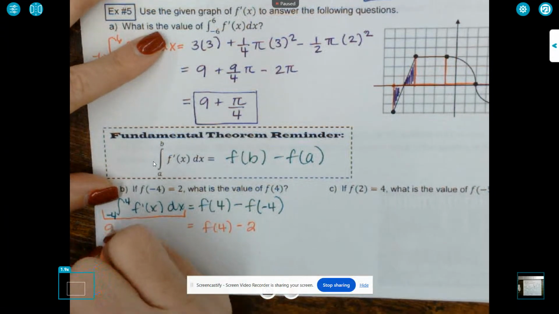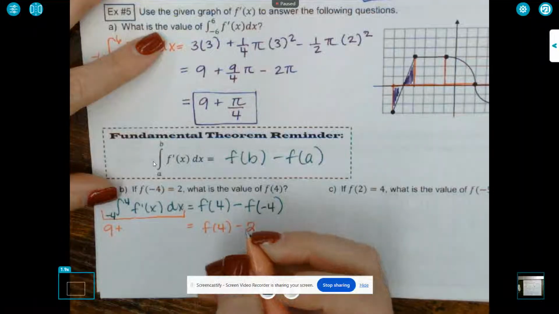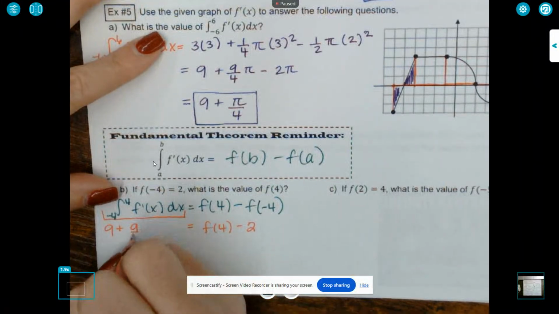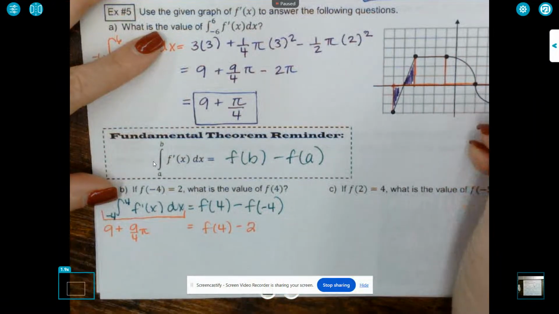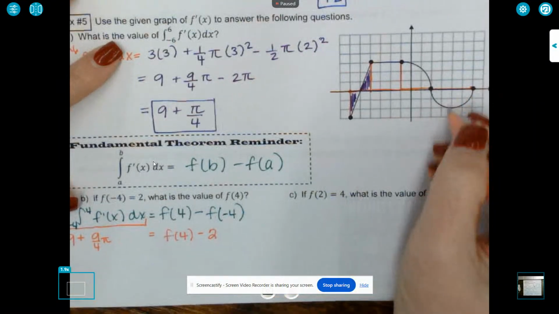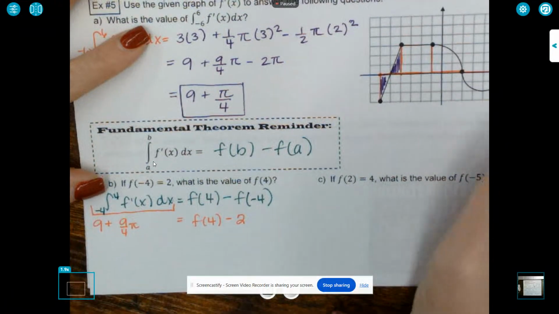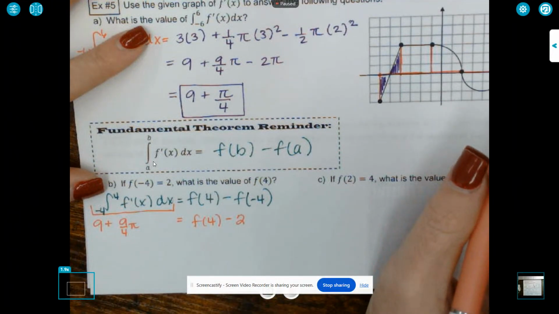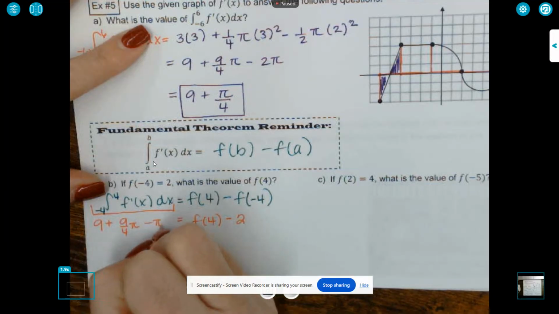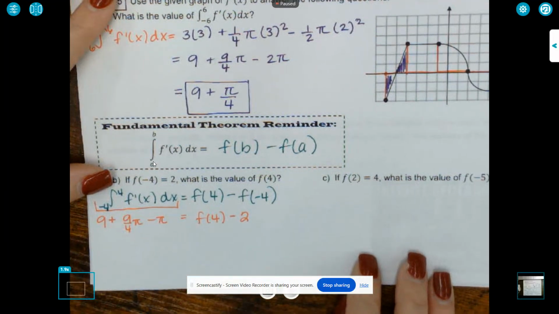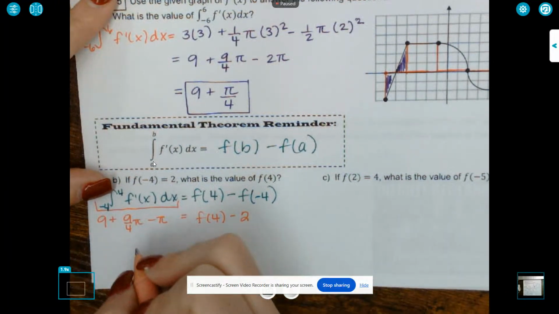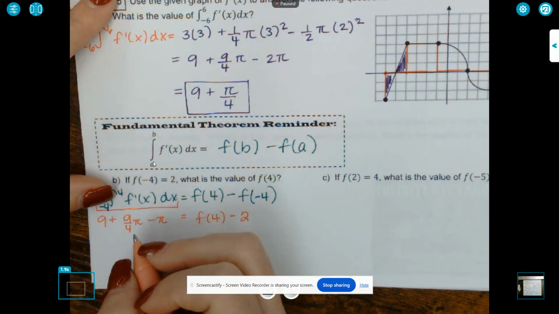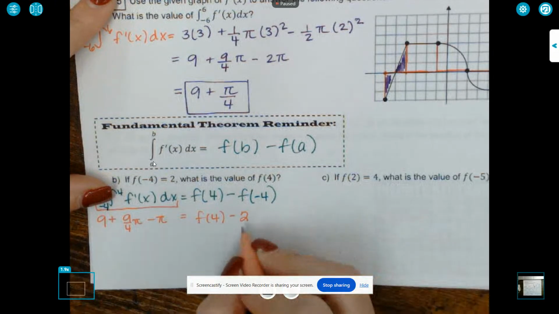So we already had the 9. We knew that was from the previous problem. Then we know it's going to be 9/4 pi. And then again, instead of this whole semicircle, it's only going to be the quarter of that. So it's going to be minus a quarter of pi r squared, r being 2. So that's going to be minus pi. Simplify that out, pull the 2 over.